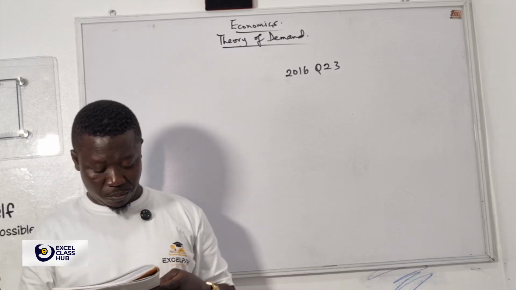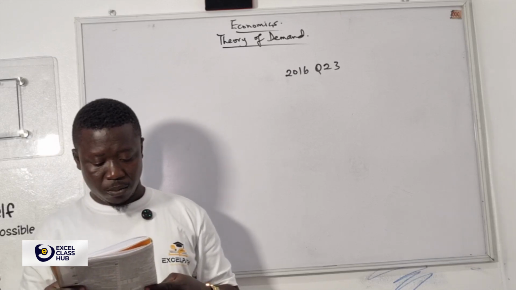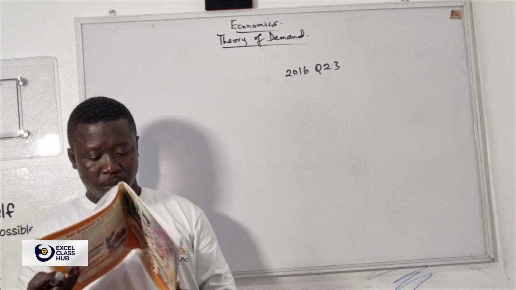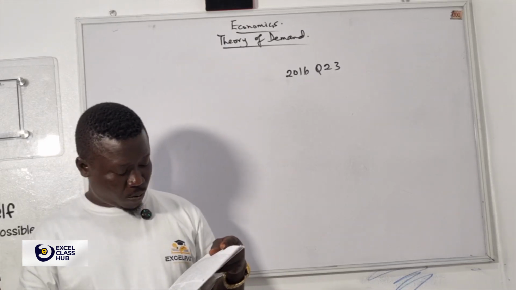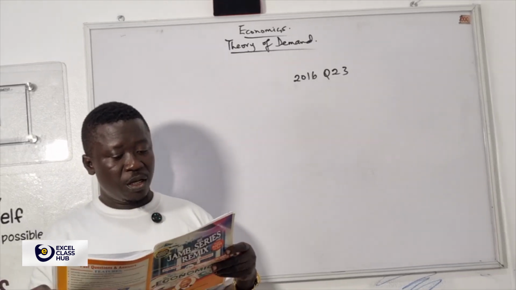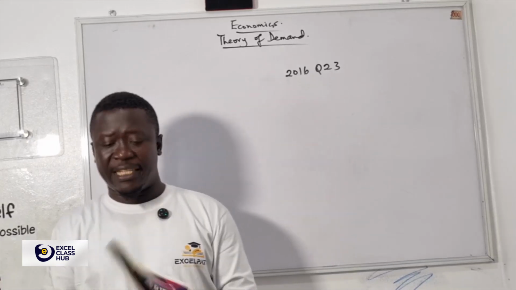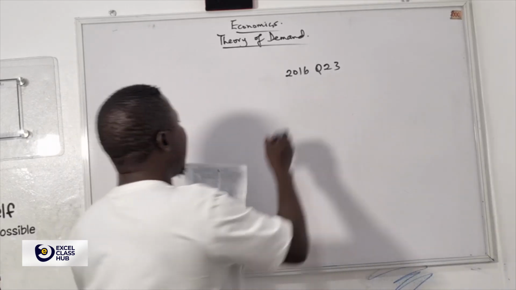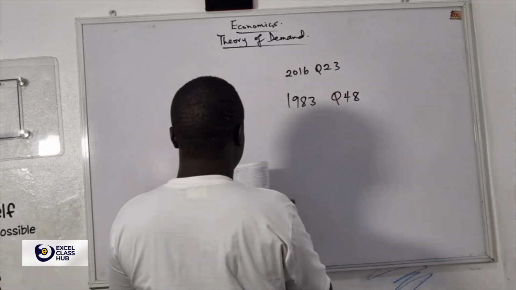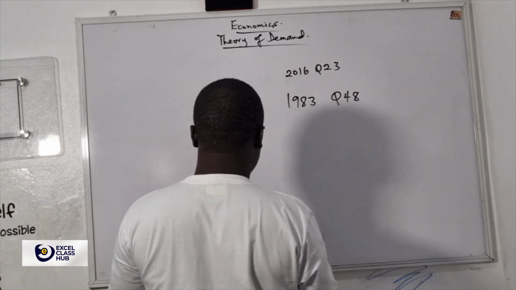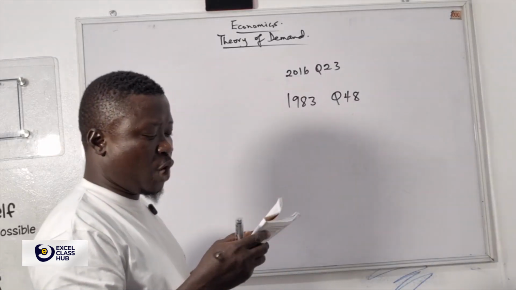Another question. 1983, question 48. Demand for a factor of production.